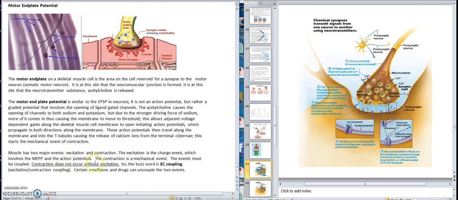Contraction does not occur without excitation. So you've got to have the excitation to get the contraction. The buzzword that you'll see in books, in this book and other books, is EC coupling. Excitation-contraction coupling. And certain conditions and drugs can cause the two events to uncouple.